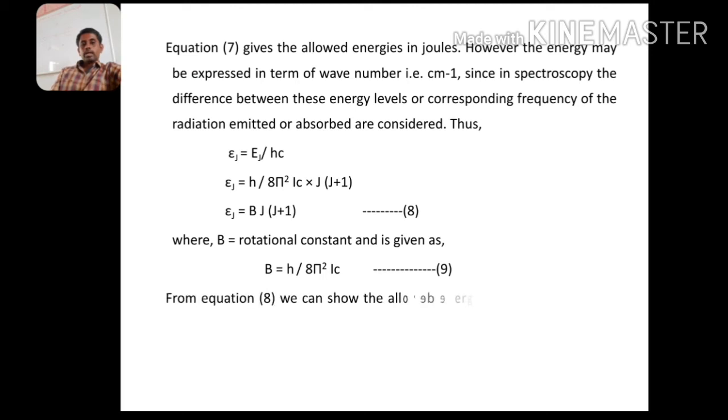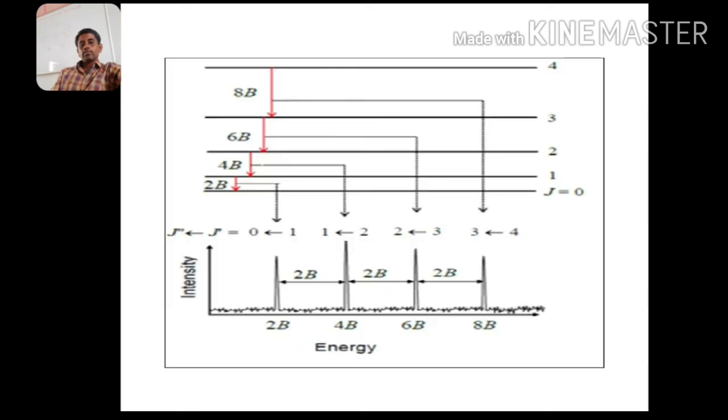From equation 8, we can show the allowed energy levels for a rigid rotator, as shown in the following figure. The energy levels are denoted by J is equal to 0, 1, 2, 3, 4 and so on.